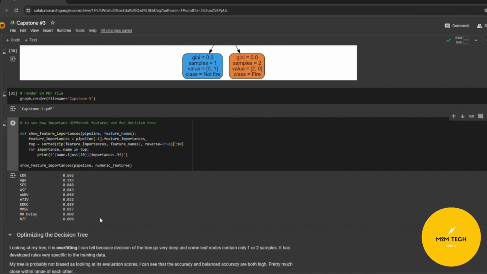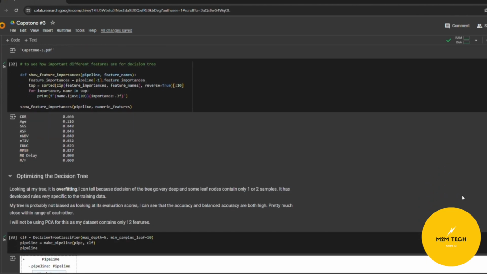After CDR, we can see that age is the second most important feature with a score of 0.116. Both of these features, CDR and age, have the highest score out of all the features. And two features, MR delay and the gender, have a very low importance in the classification decisions of the model.